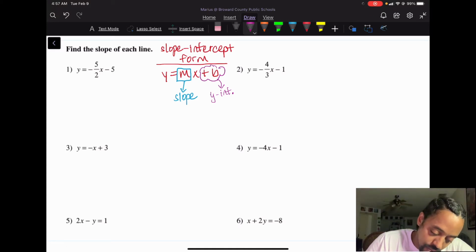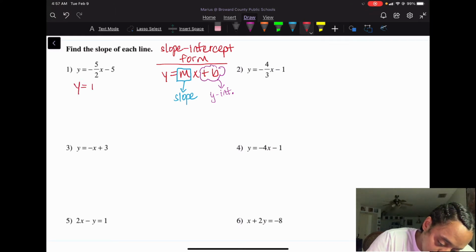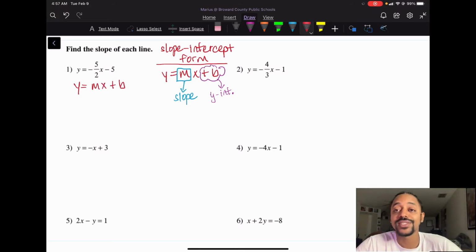So let's take a look at one. I'm gonna rewrite the slope-intercept form of the line. Let me use a different color. So I'm gonna put y equals mx plus b. Now everything, you just line them up. And another way to identify the slope is always next to the x, okay?